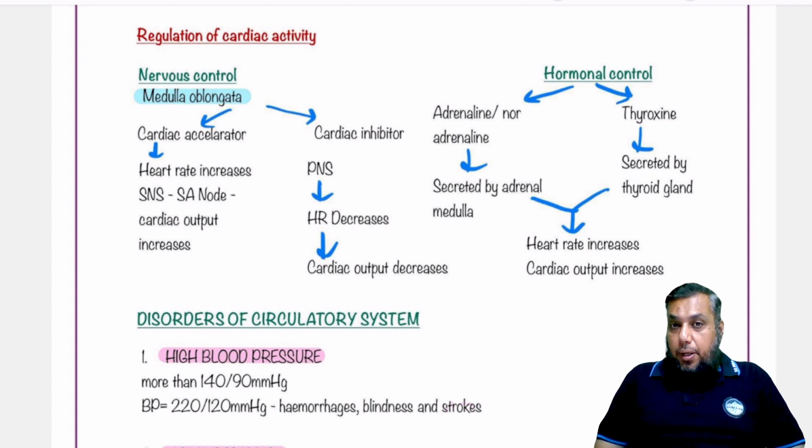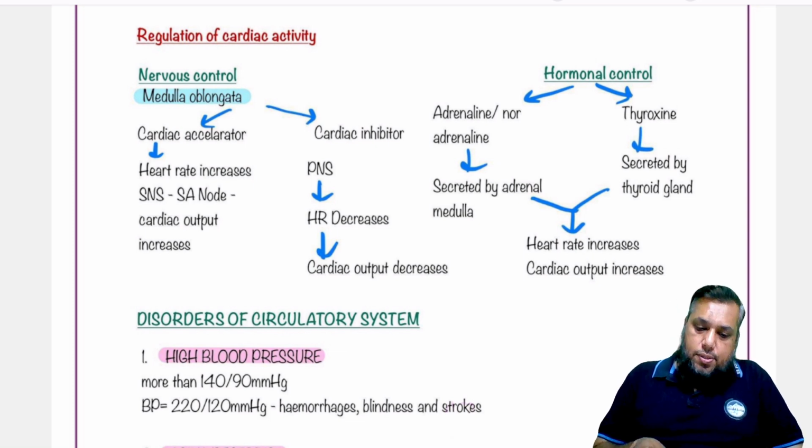The cardiac inhibitory center, through the parasympathetic nervous system, the vagus nerve, can decrease the rate of heartbeat and the cardiac output. Hormonal में adrenaline can increase the rate of heartbeat. Even thyroxine can increase the rate of heartbeat indirectly, whereas adrenaline increases the heart rate directly by directly acting on the SA node. So even though the human heart is myogenic, the regulation of the cardiac activity is done by the neural and the endocrine systems.